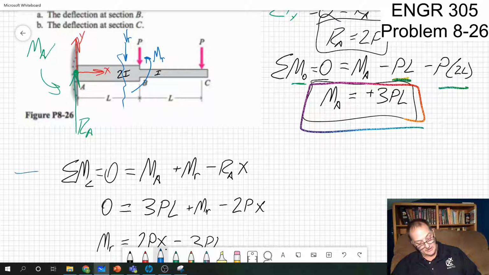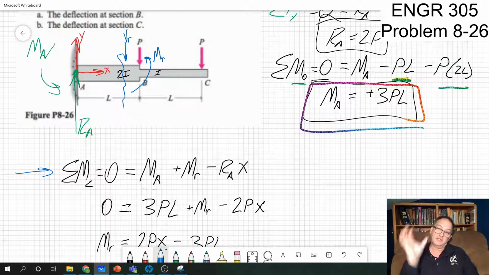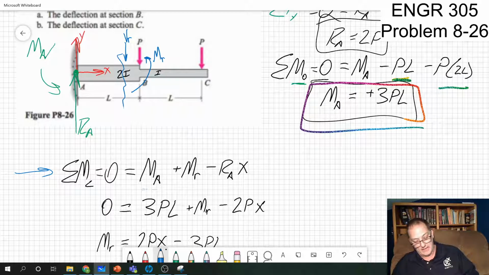The sum of the moments about that cut is equal to 0, equal to MA, that's the reaction moment at the beginning, plus MR. Those are both causing rotation from X to Y. And then minus RA times X, that's actually going the other way.